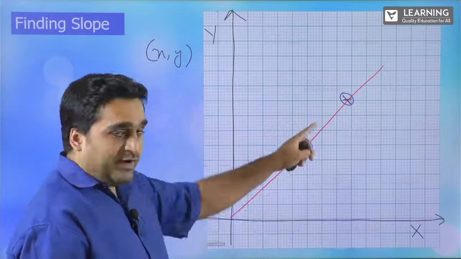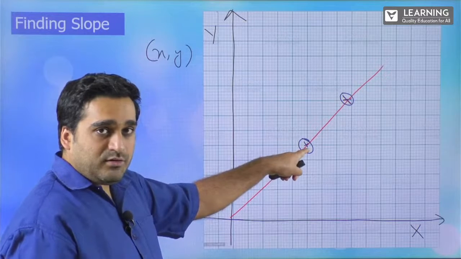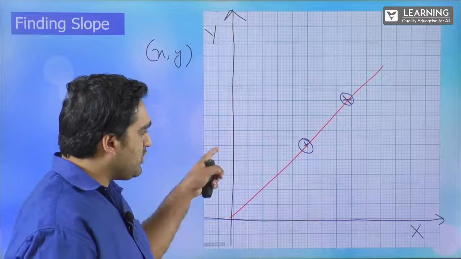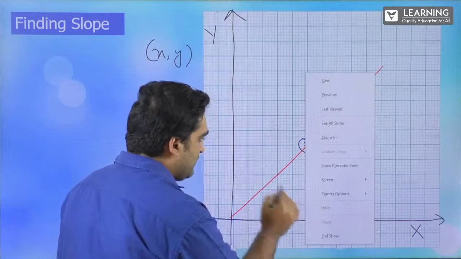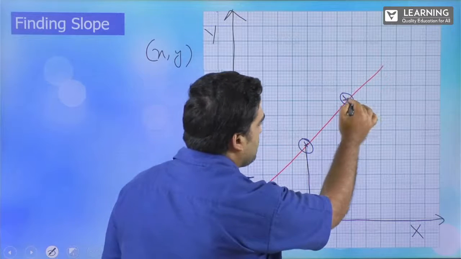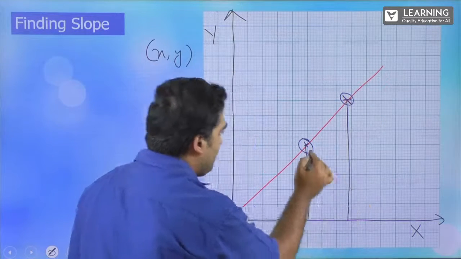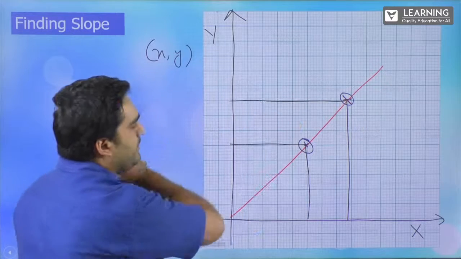Now, to find the slope, I will project a line downward as well as horizontally from this given set of points. Project a line down, and project it along the y-axis as well.